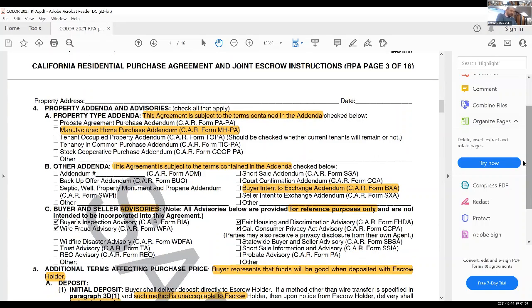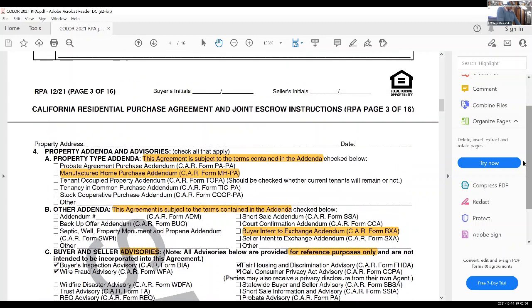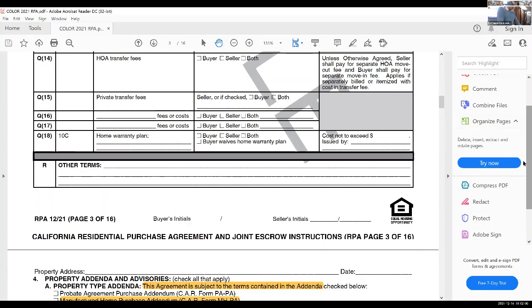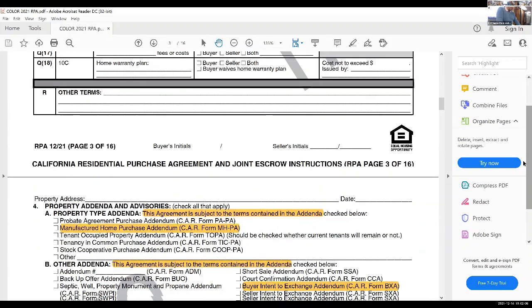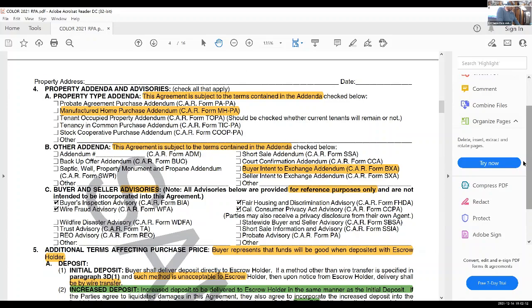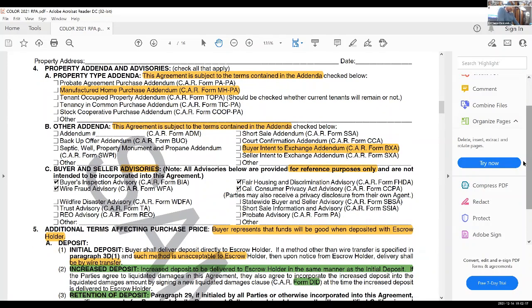All right. So the first 3 pages, again, are nice, colorful, with a nice chart that makes things easy to understand for all parties reviewing the contracts. This is followed by the various addenda and advisories that might be necessary or part of the contract.